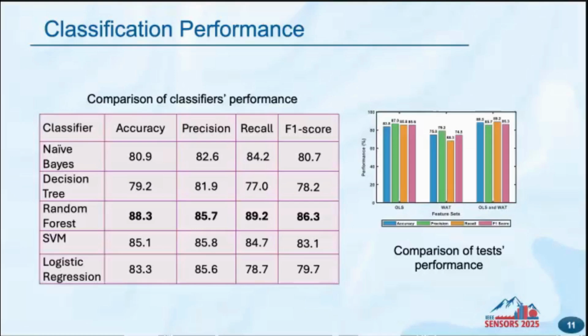And in this figure, we also removed one set of the dataset to see which of these datasets is more important for our classification. As you can see, again, OLS one-legged stand shows better results, but if we use both of them, the results are good as well.